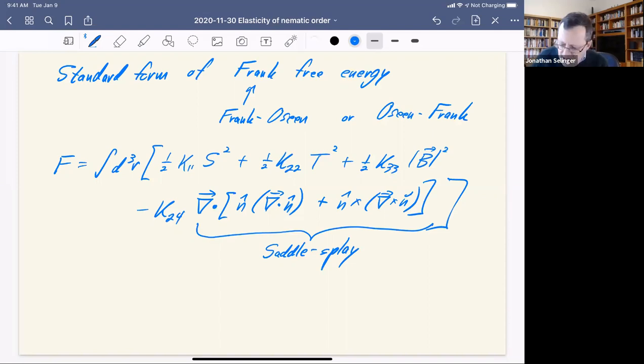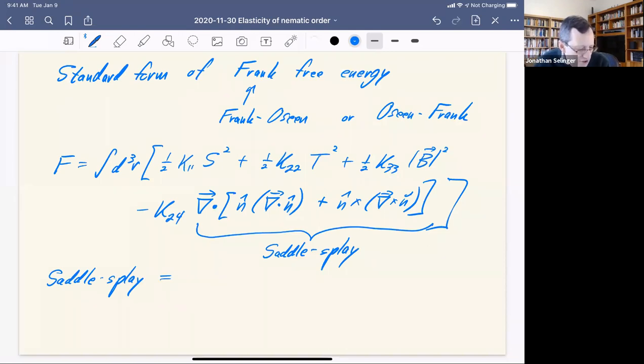You might ask, how is this thing related to what I just showed you? The answer to that is something else that I work out in this liquid crystals review article.